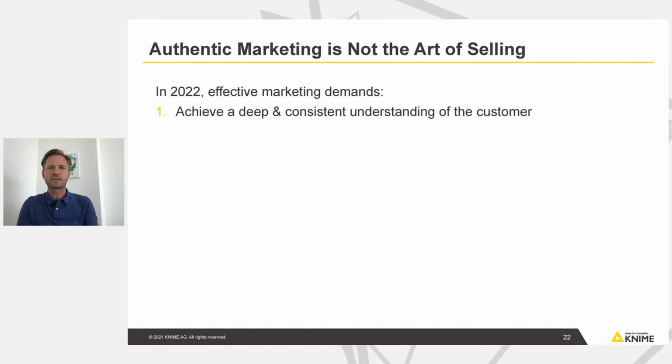The one is marketing needs to achieve a deep and consistent understanding of the customer. So we don't want to sell something to the customer, but we want to understand the customer. We want to understand their needs.